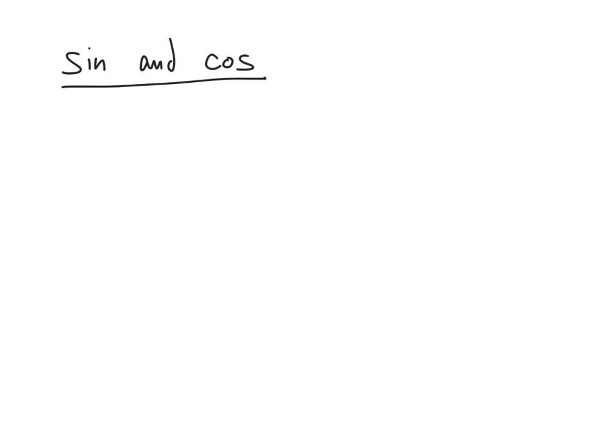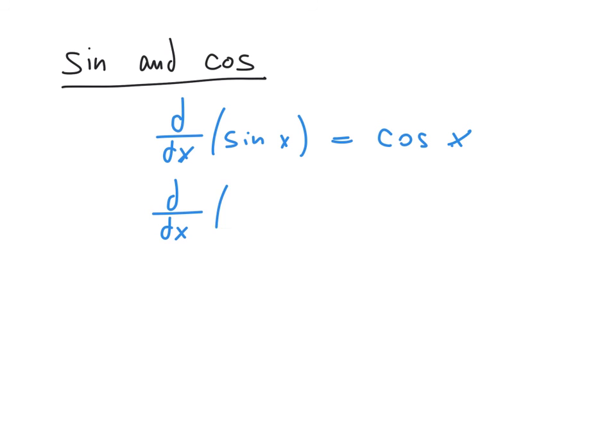Here the basic rule is that d dx of sine x is cosine x, and d dx of cosine x is minus sine x.